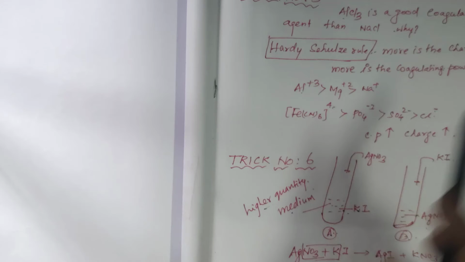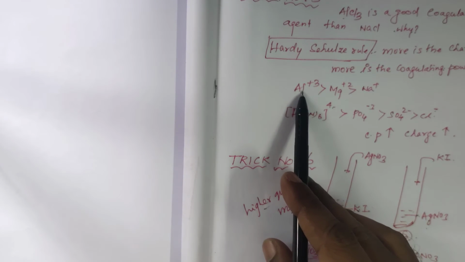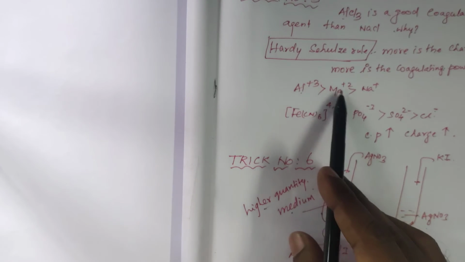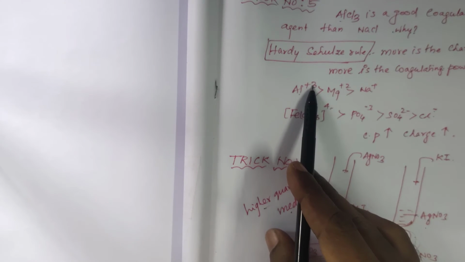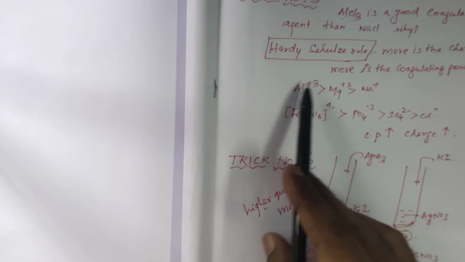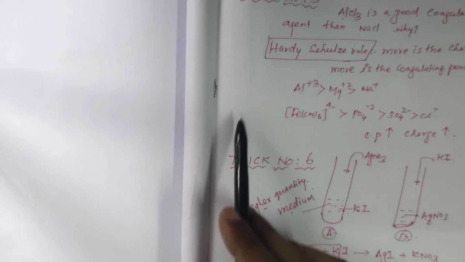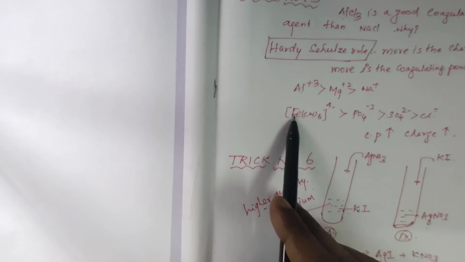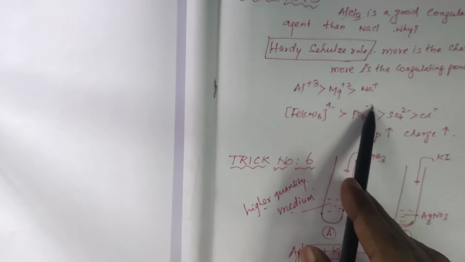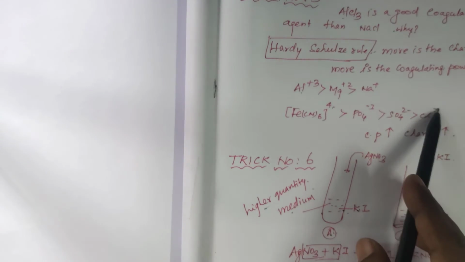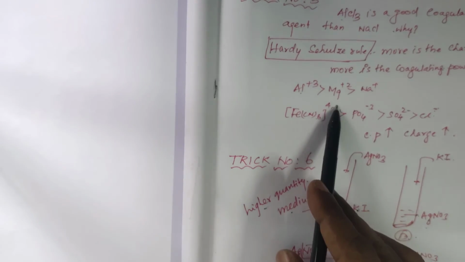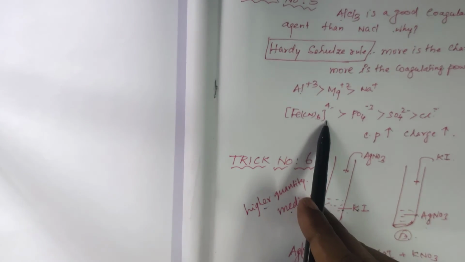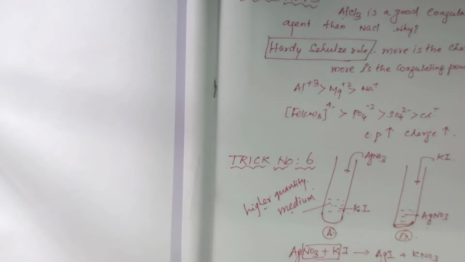Suppose we have 3 types of electrolyte, Al3+, Mg2+, Na+. Al3+ carries the greatest charge, therefore it has the greatest coagulating power. Like for anions, Fe(CN)6 4-, PO4 3-, SO4 2- and Cl-. Here the charge of Fe(CN)6 is greater, therefore it has the greatest coagulating power.